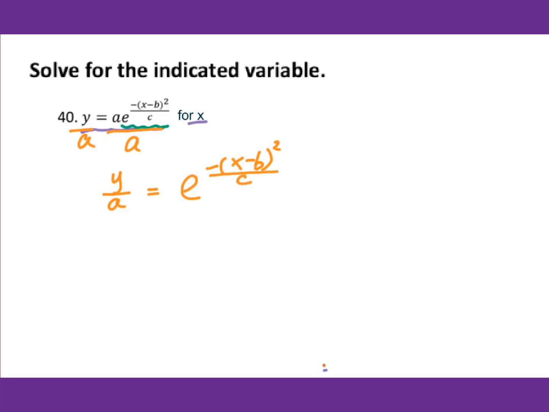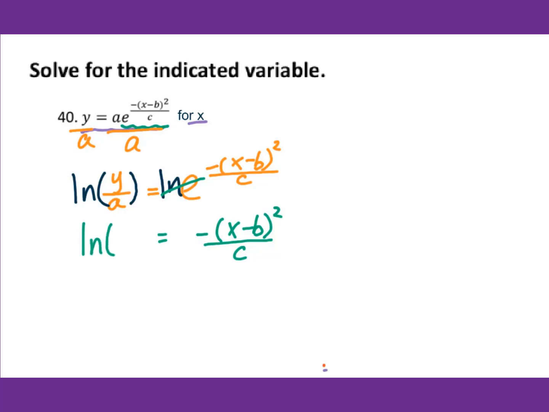Then we do natural log on both sides. So we got negative x minus b squared over c equals natural log of y over a. Then we know this is a power pattern. We need to isolate this x minus b squared.